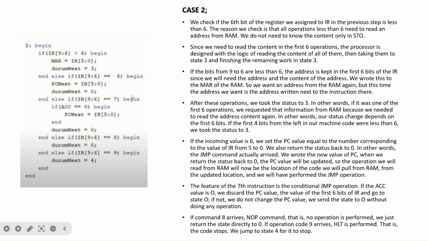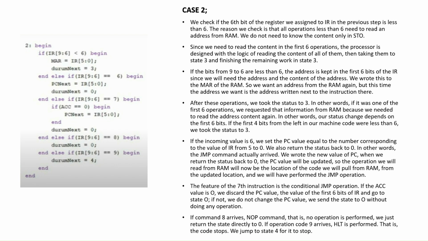Since we need to read the content in the first 6 operations, the processor is designed with the logic of reading the content for all of them, then taking them to state 3 and finishing the remaining work in state 3. If bits 9 to 6 are less than 6, the address is kept in the first 6 bits of the IR, since we will need the address and the content of the address.